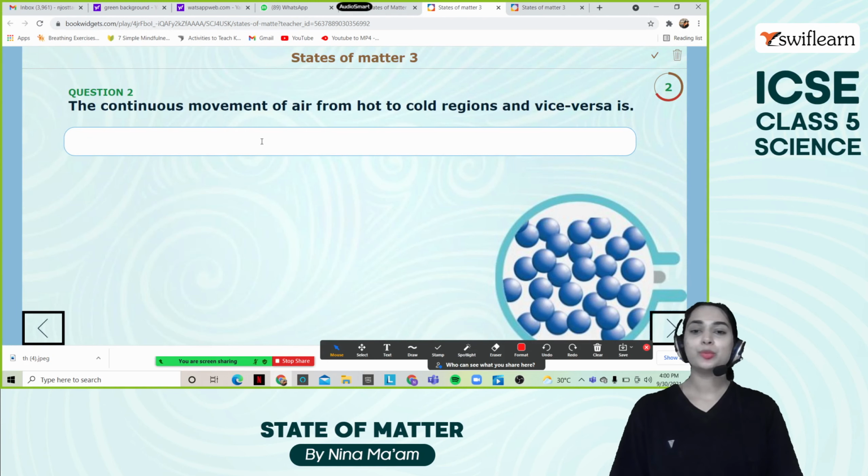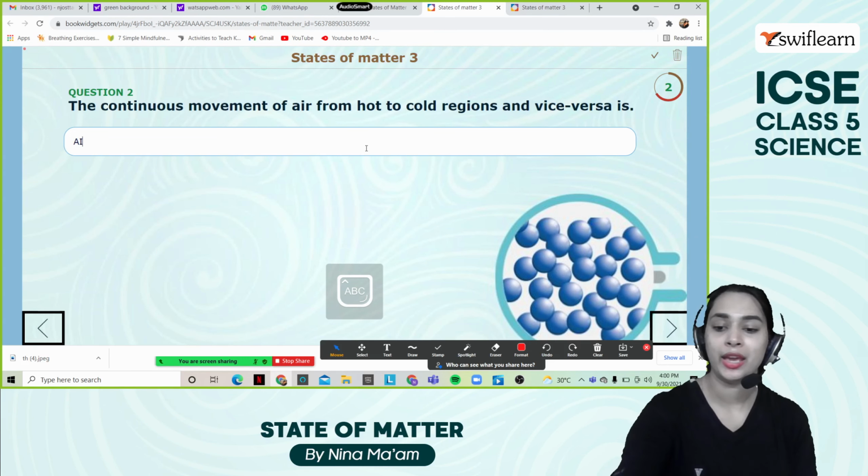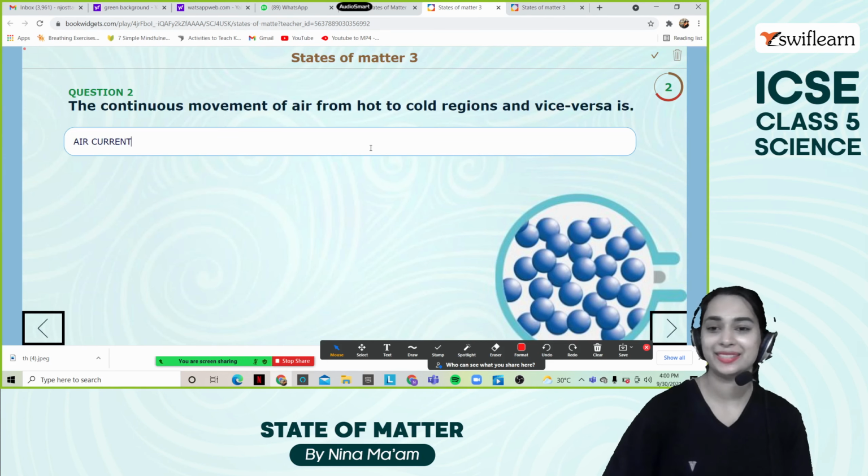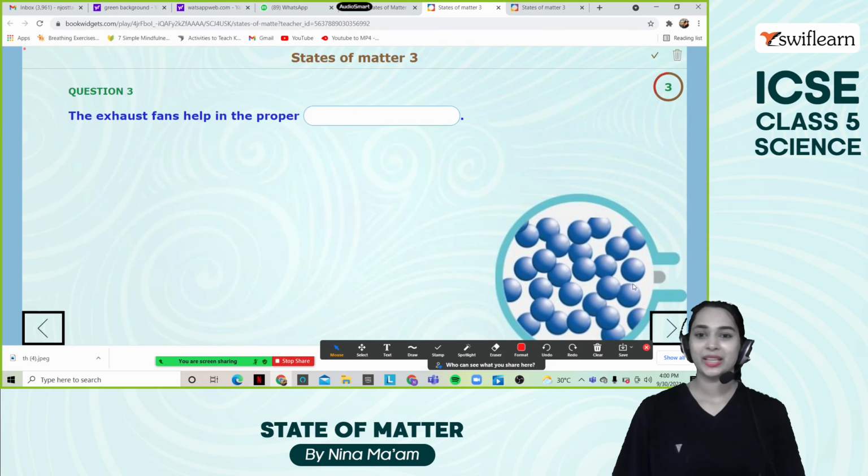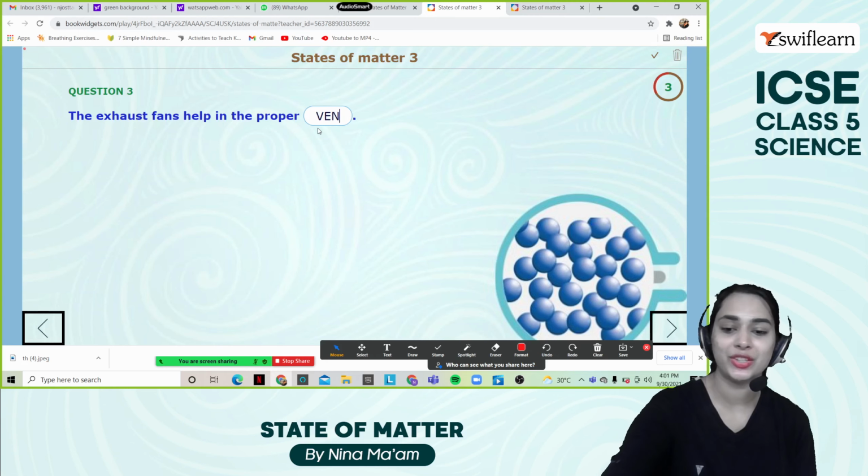The continuous movement of the air from hot to cold region and vice versa is known as air current. Right? Yes. The exhaust fan helps in the proper, do you remember? Ventilation.